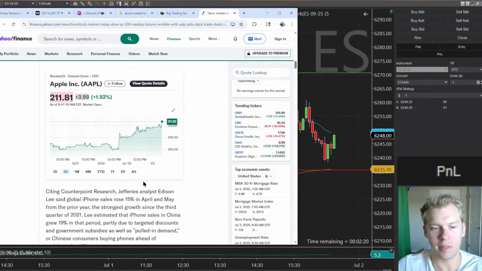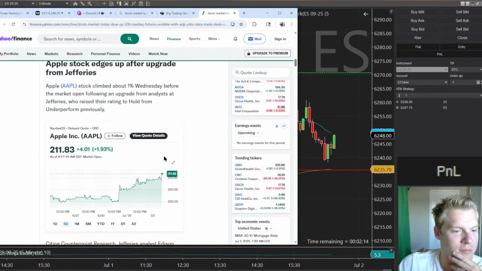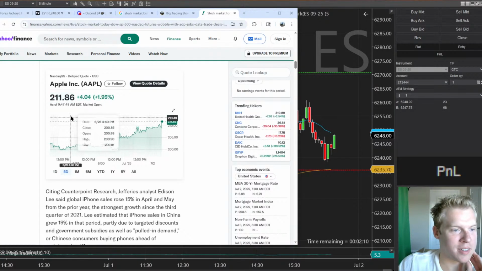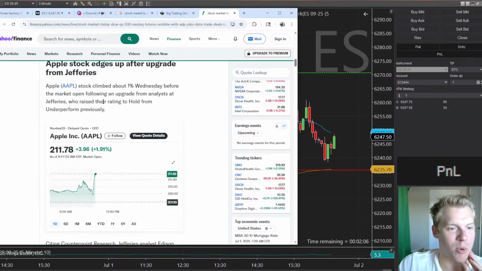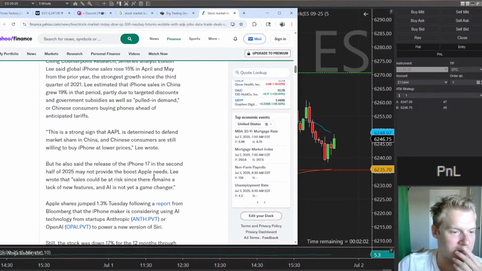I mean, if Warren Buffett says it, then that matters. But I'm not sure how much I buy it that an analyst saying they like Apple more now justifies a 2% increase in Apple's price.